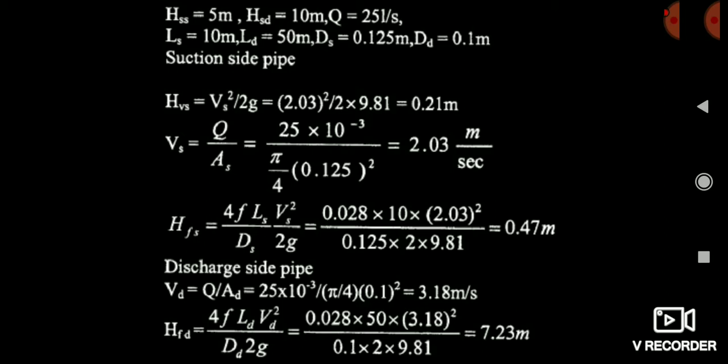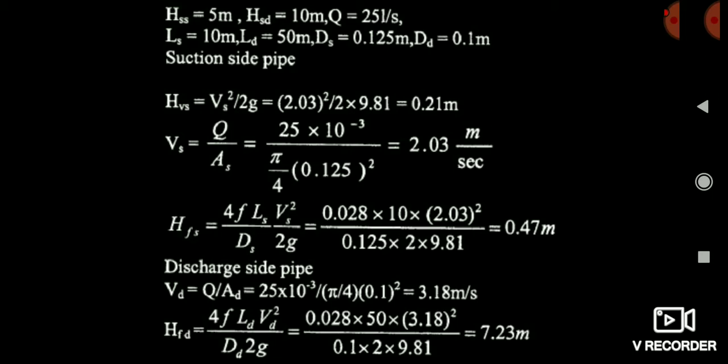Now friends, you can see that the frictional head loss due to discharge is nothing but 4FL VD square by 2gD. Friends, it is very important that the first one is frictional head loss due to suction and the second one is frictional head loss due to discharge. For suction, we have considered the length, diameter and velocity of the suction pipe.